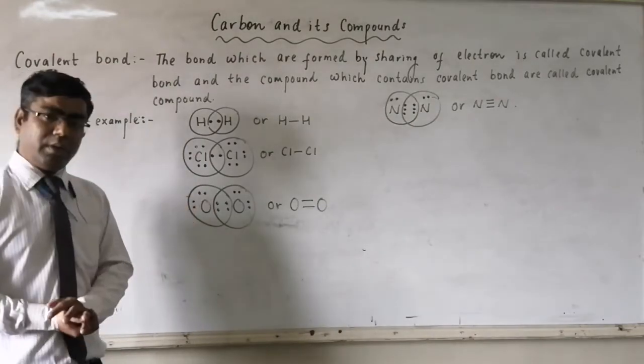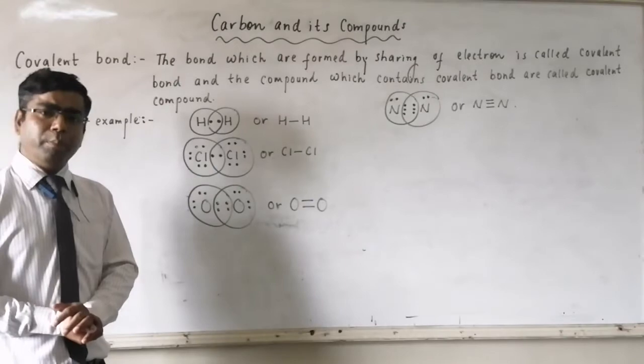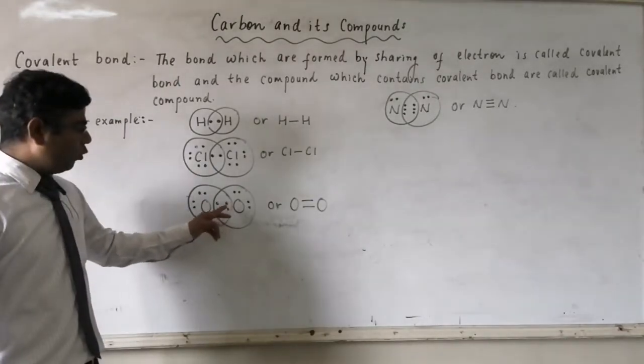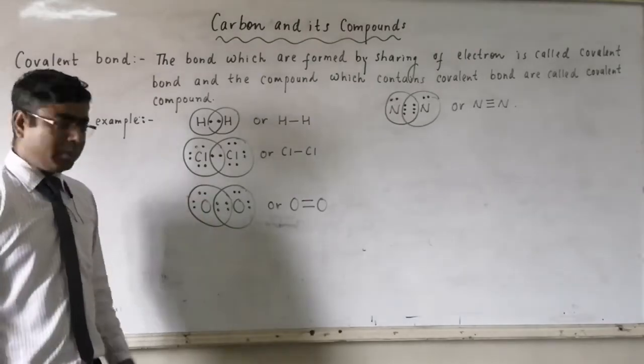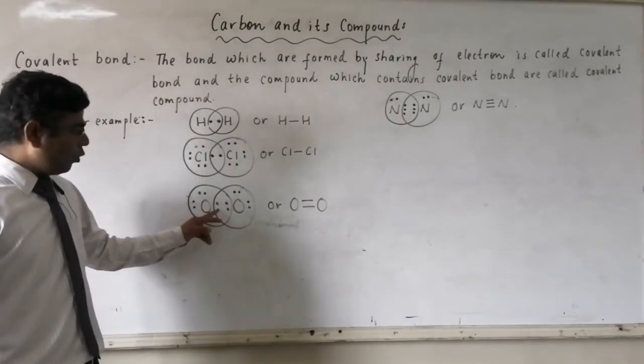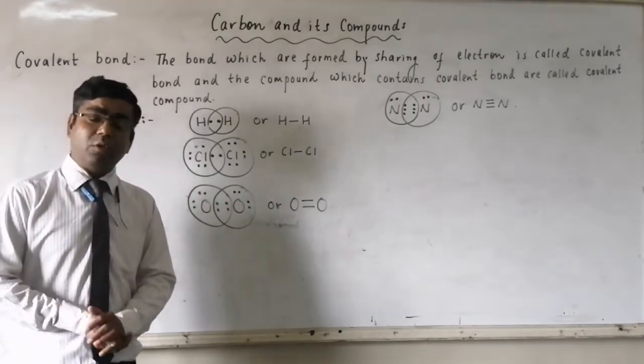Now if we count the shared electrons with the remaining electrons, it will be octet completion for both oxygen atoms. 1, 2, 3, 4, 5, 6, 7, 8. Octet for the first oxygen atom. Now for the second, 1, 2, 3, 4, 5, 6, 7, 8. Octet for the second oxygen is also complete.